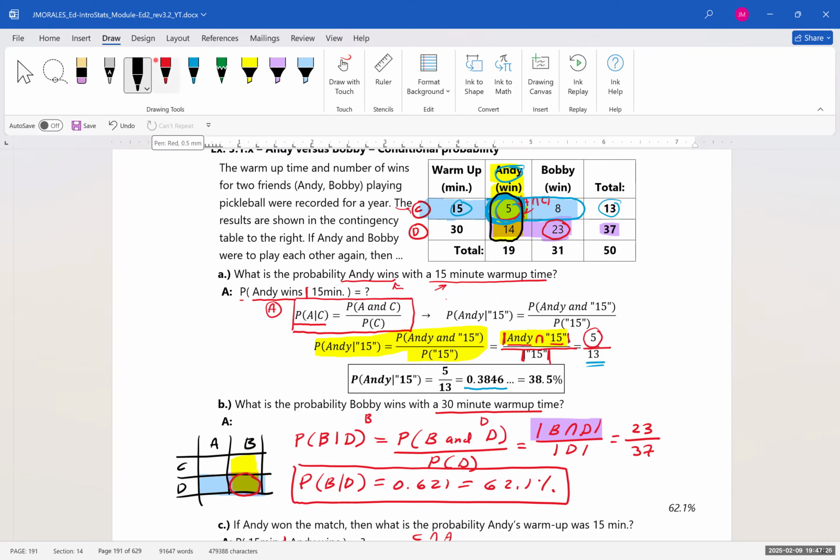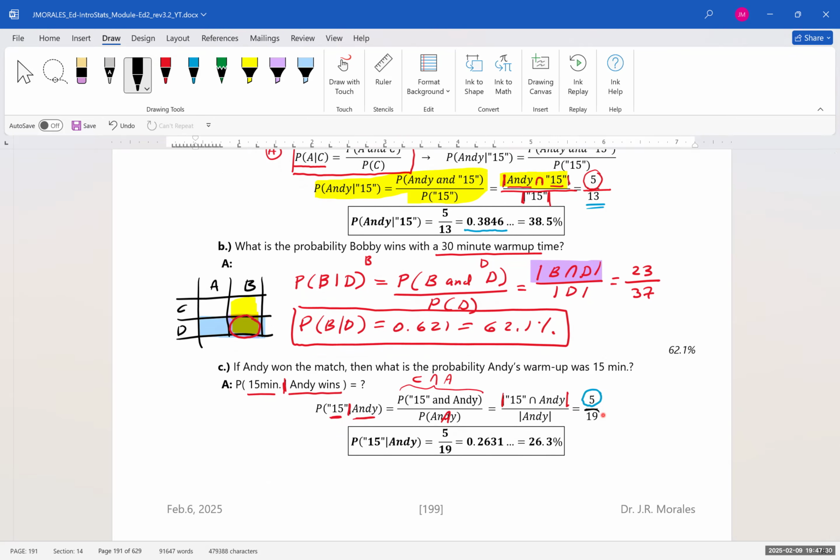So 5 plus 14 is 19. So we're going to put 19 here in the denominator. And 5 divided by 19 is 0.2631, or 26.3%. So the probability is low that if Andy won, he had a 15-minute warm-up. So most likely if Andy won, it would have been a 30-minute warm-up.